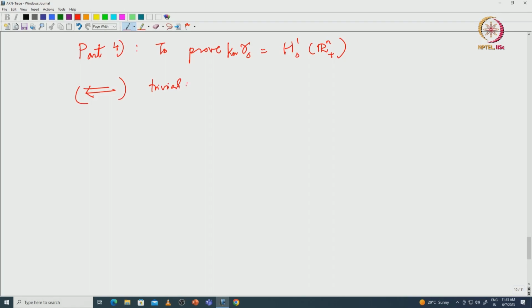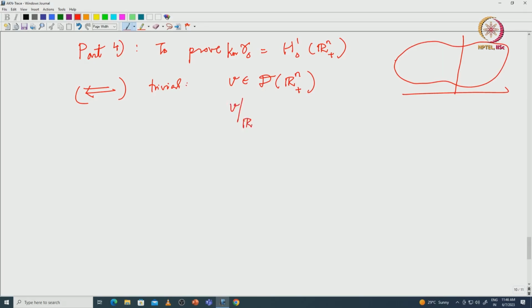So, you see, if you have a v in D(R^n_+), be careful, that means you are taking a function with support somewhere here. Then definitely v restricted to R^(n-1) is 0, because here you will get 0.